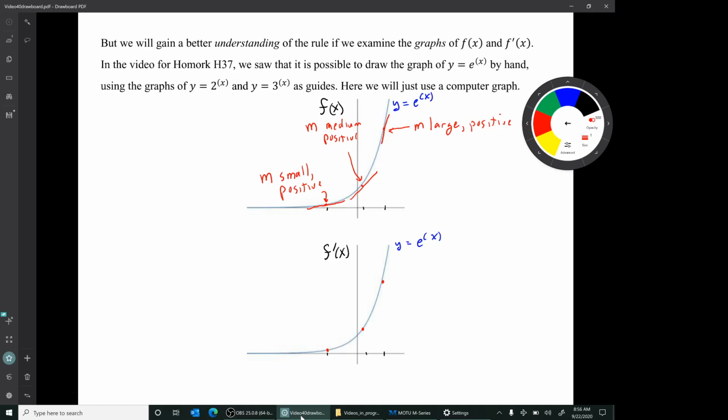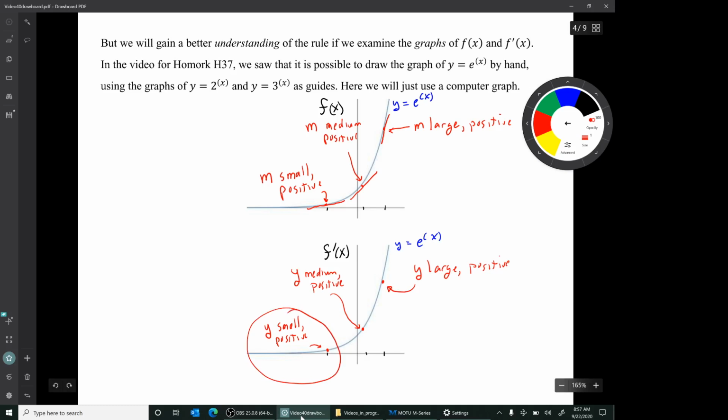Now let's go down to the graph of f prime of x and think about its y values. The y coordinate of that red point is a small positive number. That point is near the x-axis.